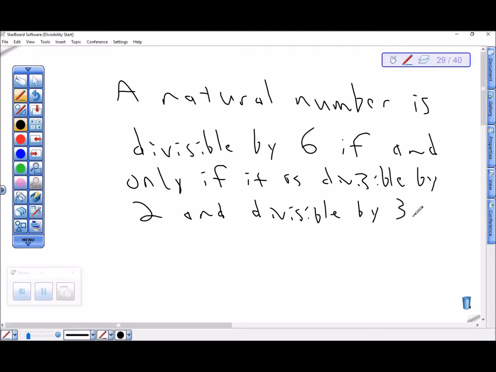Okay. A natural number is divisible by 6 if and only if it's divisible by 2 and it's divisible by 3.